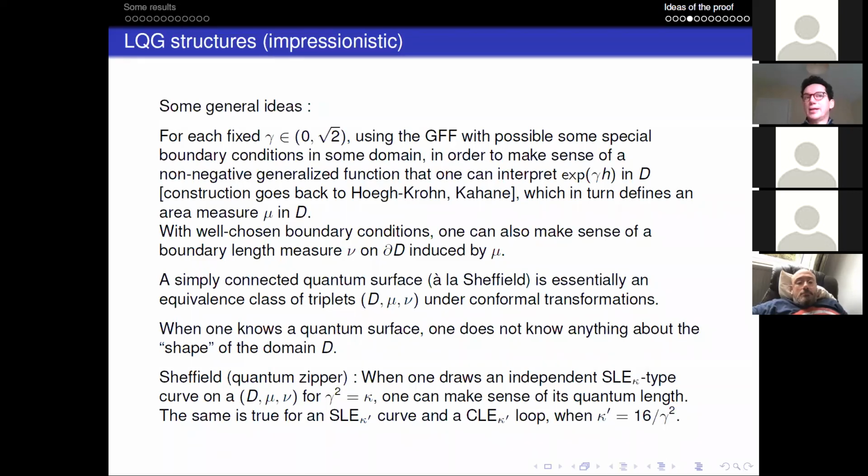So in particular, if I take a domain D equipped with an area measure mu, and I draw on top of it an independent CLE kappa prime, then each of these CLE kappa prime loops gets a length.